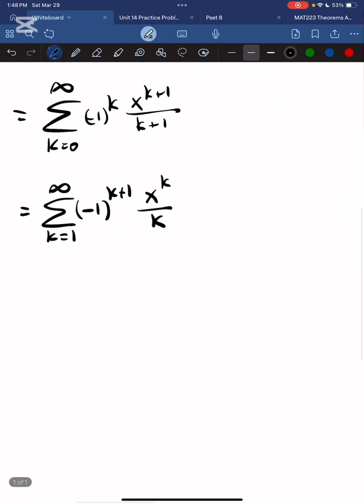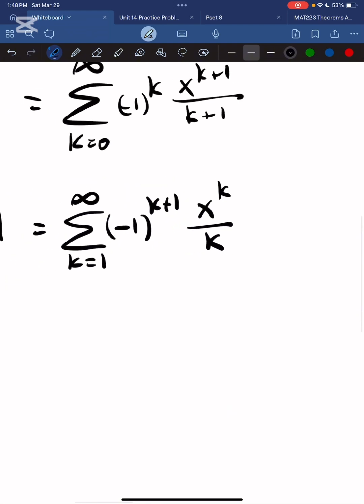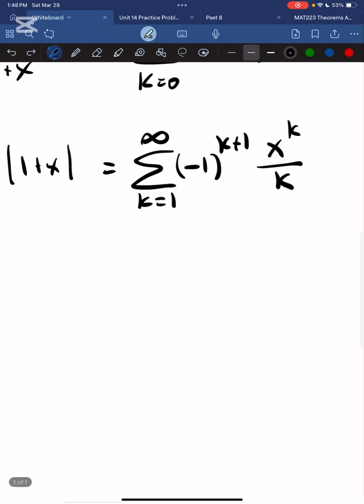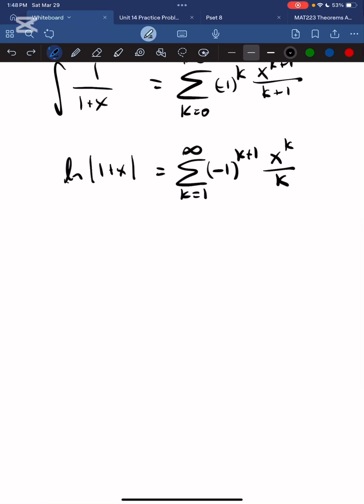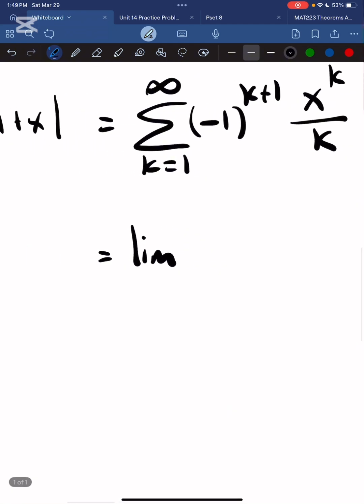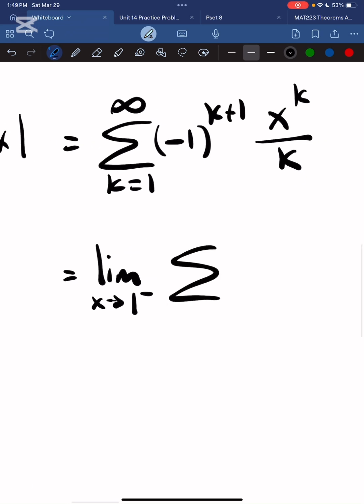We can't exactly just plug in x equal to 1 here because we don't know this converges at 1, right? Now, or I guess we do because ratio test. But the better thing to do is to take the limit as x goes to, I guess it'd be 1 from the left of this.